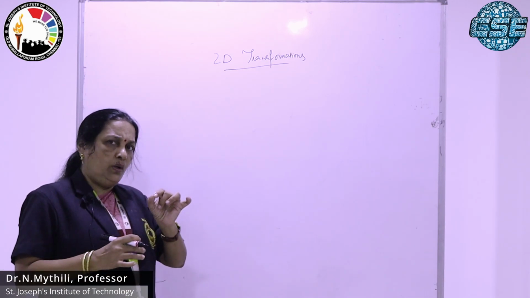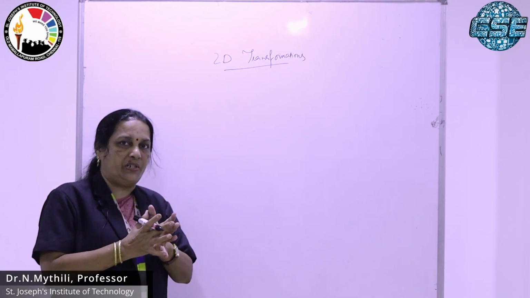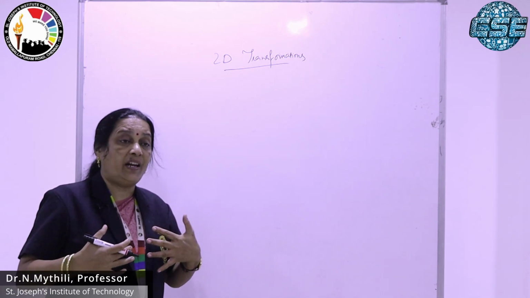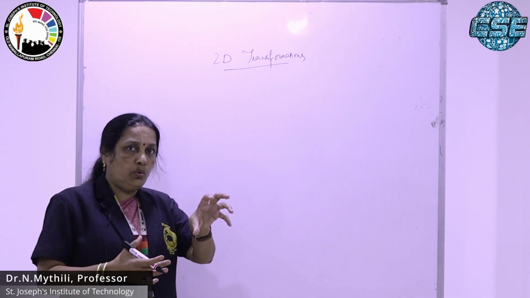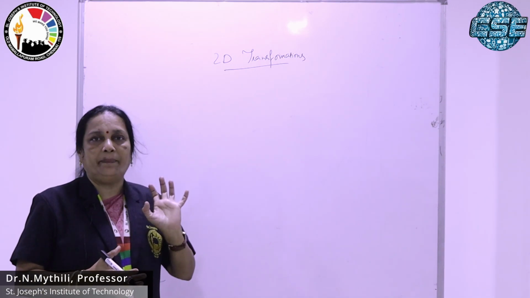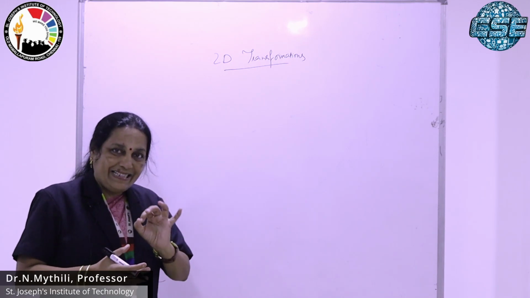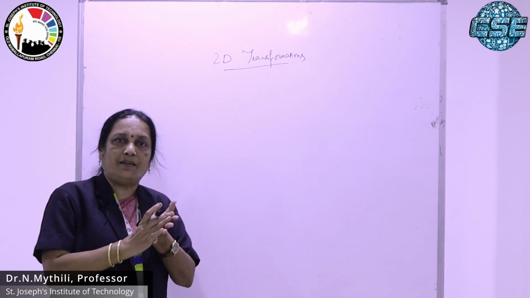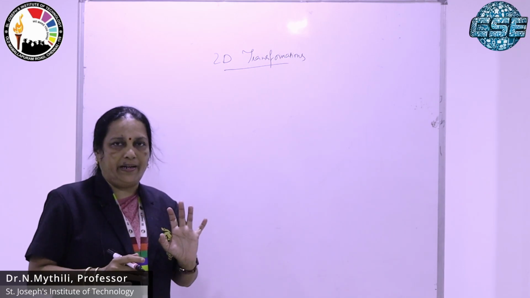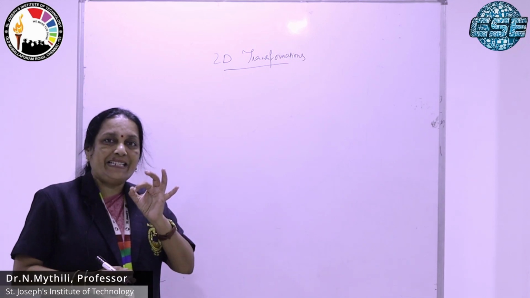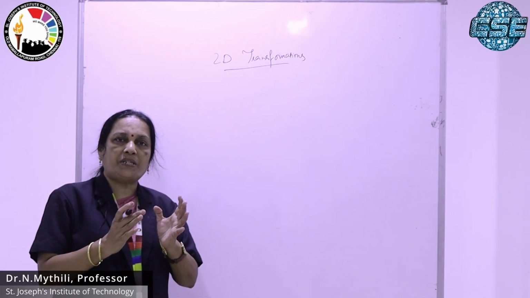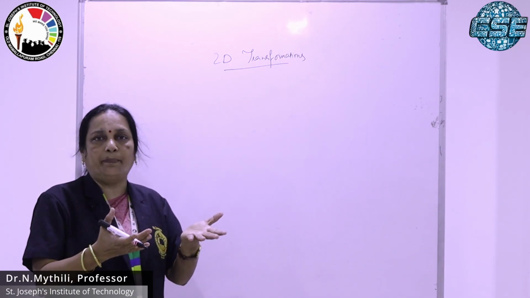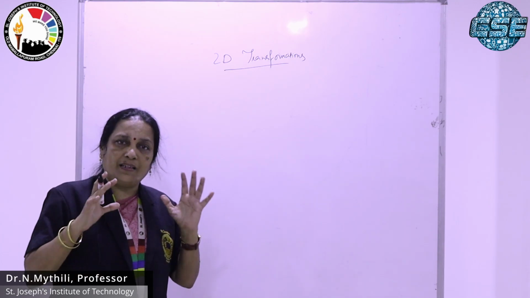So when you want to do all these magics with the object, what shall we do? We cannot give any instruction to the computer to do the particular transformation with the object fully. Any instruction consists of an equation, right? We are using some logic to do any action in the digital monitor, and that logic is an equation. We also cannot give the whole equation to the computer because the computer cannot understand the whole equation.